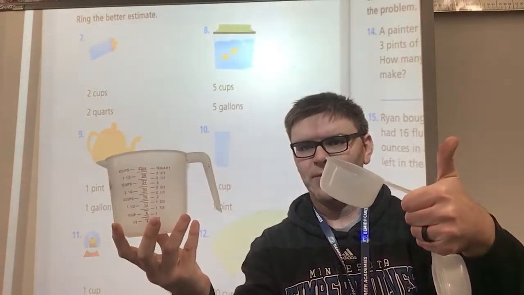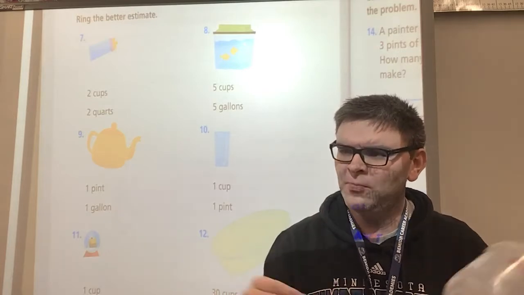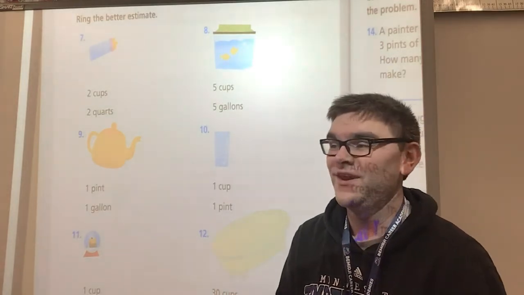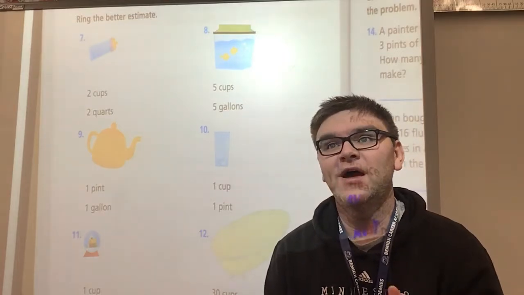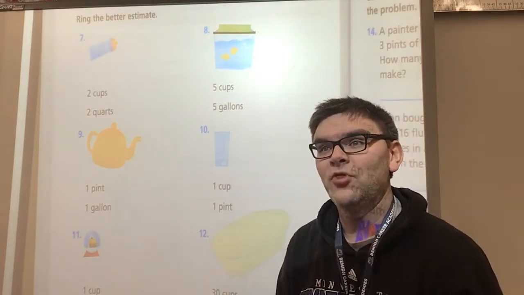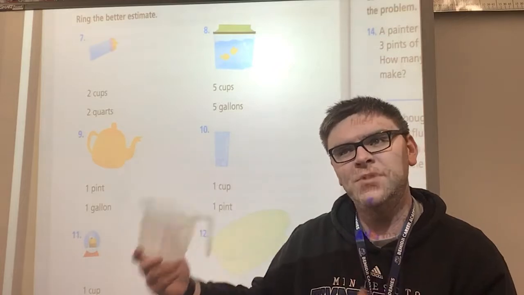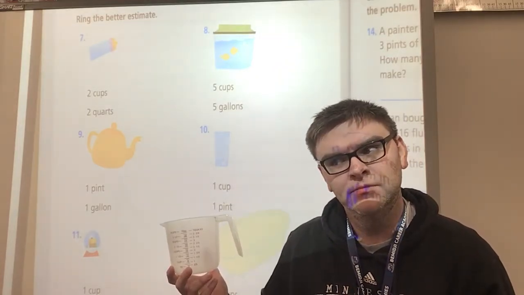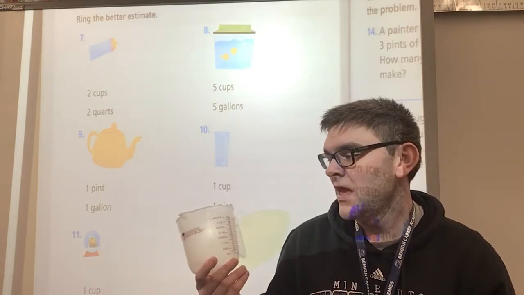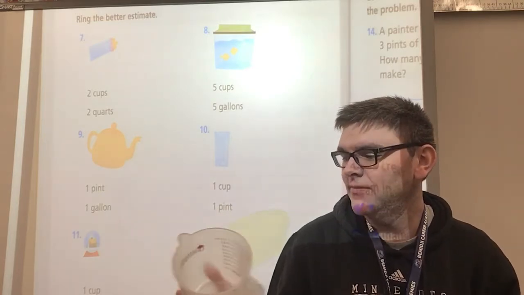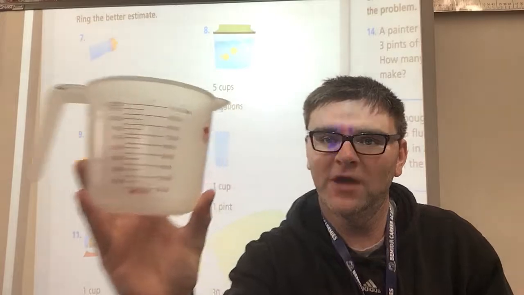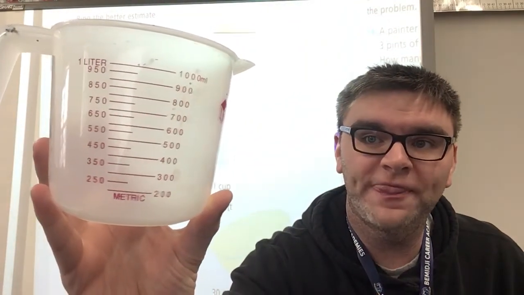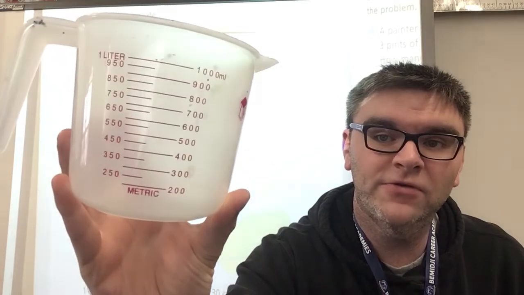Now, if we wanted to measure much, much smaller units of measurement, even smaller than an ounce, and you guys got this with our measuring, we talked about meters, centimeters, the smallest one. Again, think in your head, milliliters. And those oftentimes are on the back side of this cup. If I hold it up, you can see right there, it shows there's 1,000 milliliters in a liter.